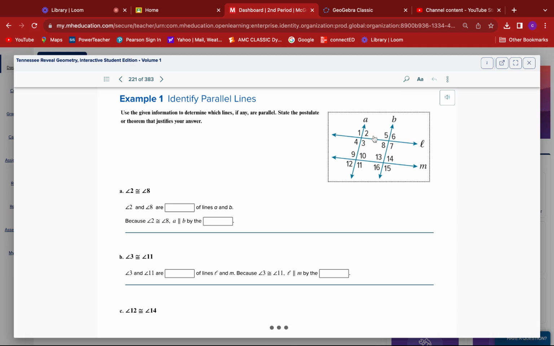Well, they're between them, which makes them interior. So these are alternate interior angles. So angle 2 and angle 8 are alternate interior of lines A and B, because angle 2 is congruent to angle 8, A is parallel to B by the alternate interior angles theorem, or converse of the alternate interior angles theorem.